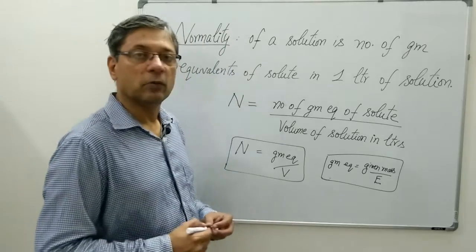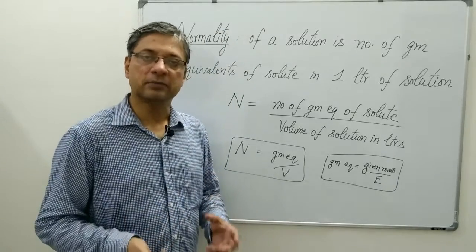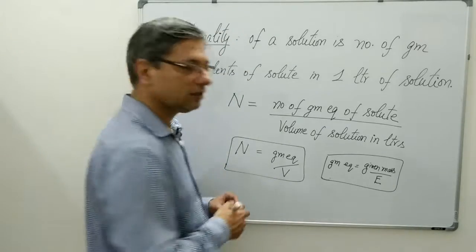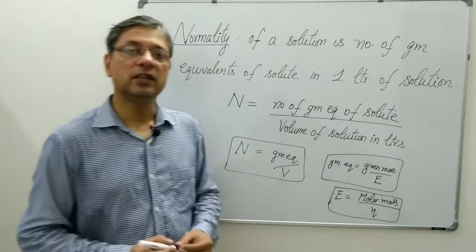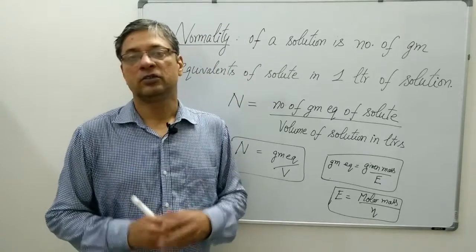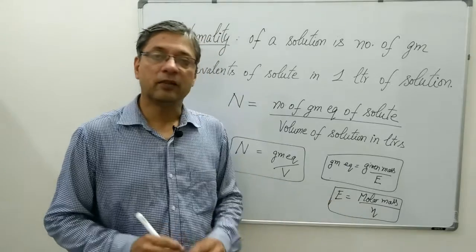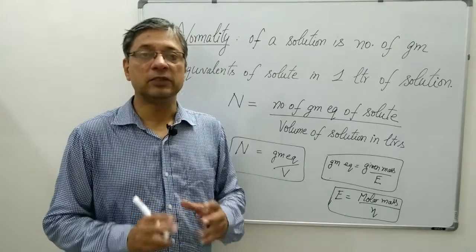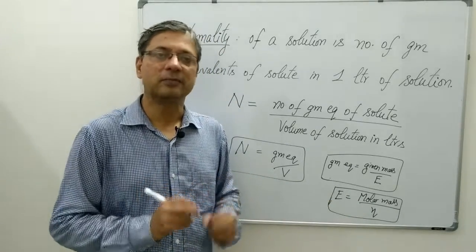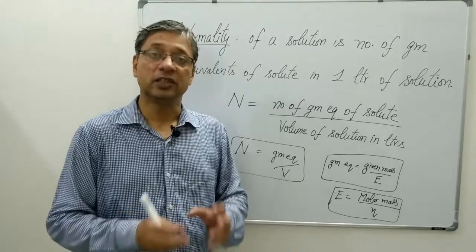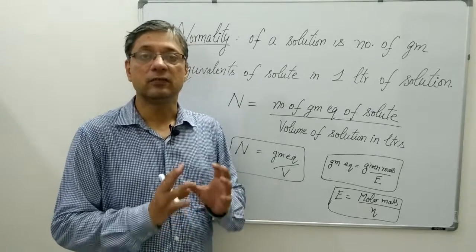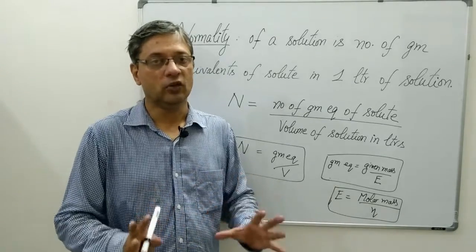And the equivalent mass formula of a substance is molar mass of the substance upon equivalence factor. These 3 formulas we will be using for solving the numericals. Besides this, we will also be calculating the equivalence factor, which will differ from one question to another depending on the substance given in the numerical.